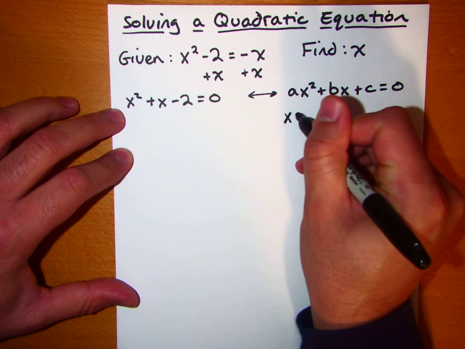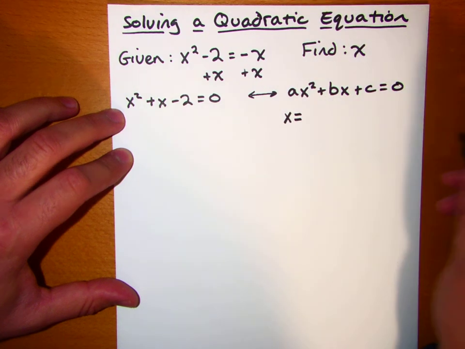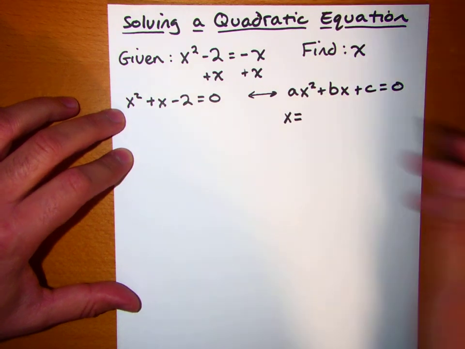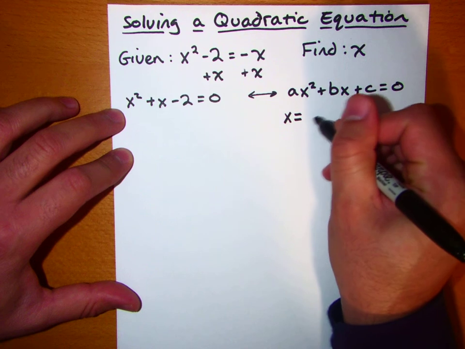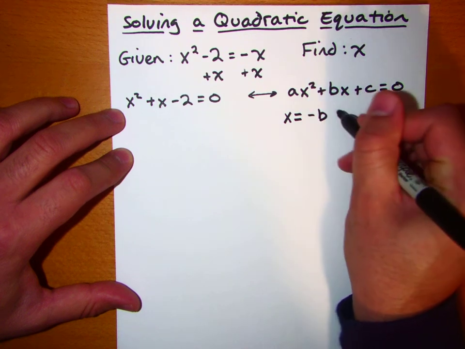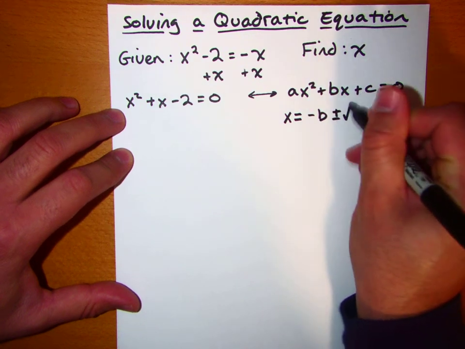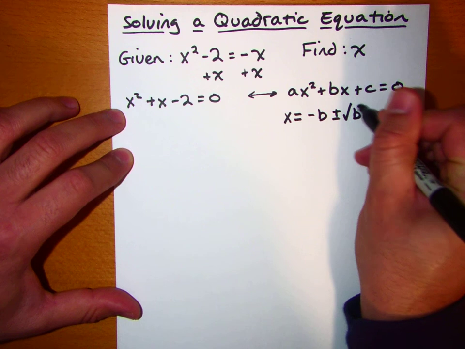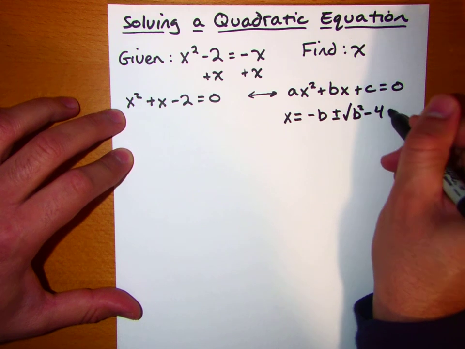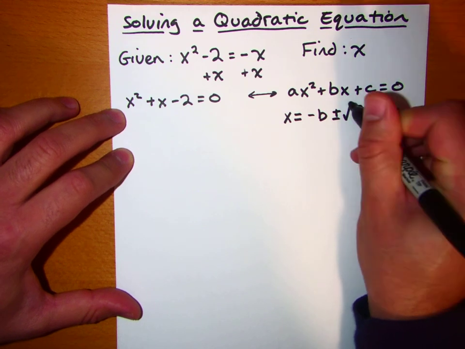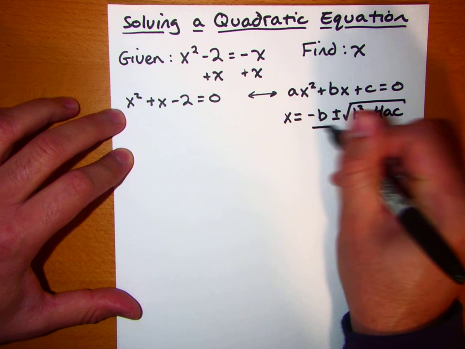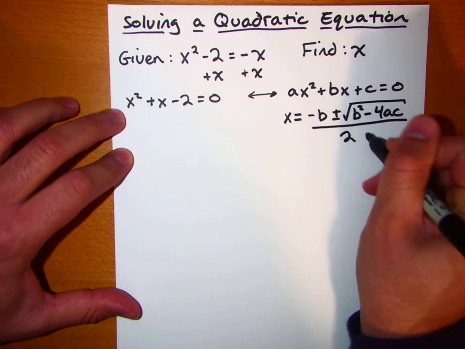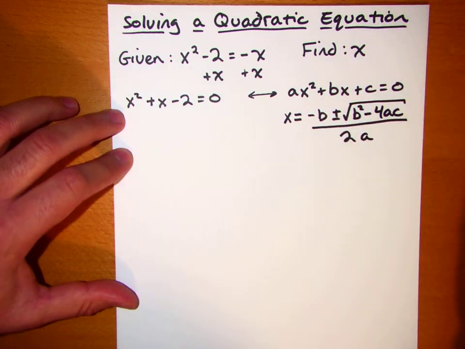So in terms of a, b, and c, the solutions for x, and there will be two solutions, x is equal to the opposite of b plus or minus the square root of b squared minus 4 times a times c, all over 2 times a.